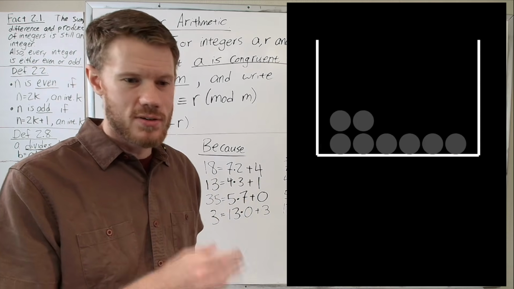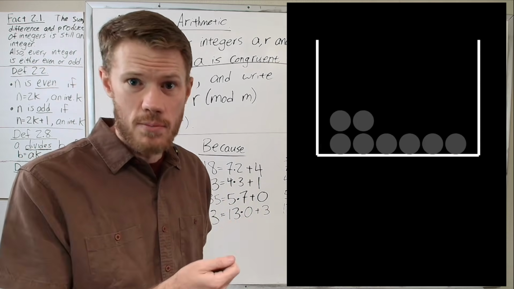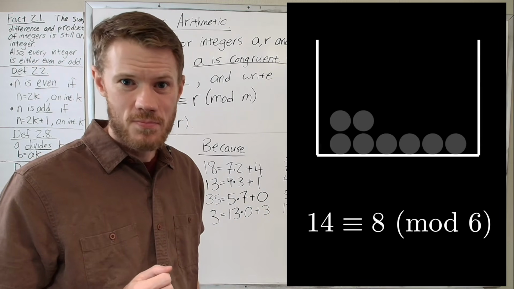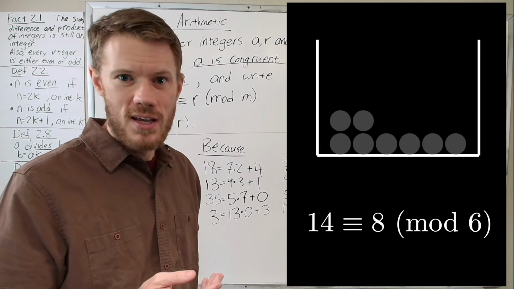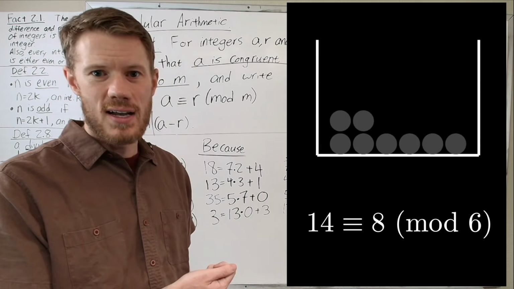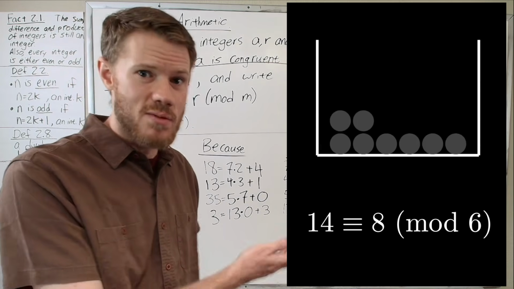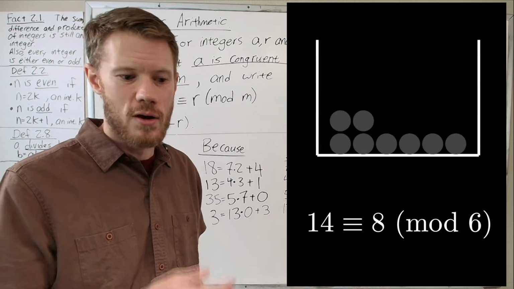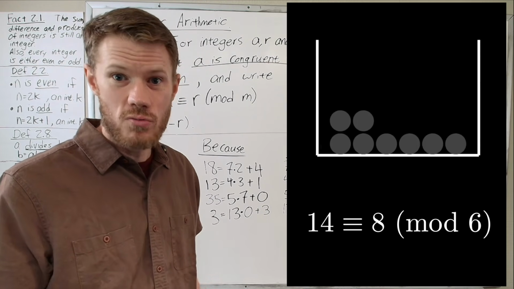So because 14 went down to 8, using this moving 6 at a time, 14 and 8 are also congruent modulo 6. Alternatively, you could think about, well, they have the same remainder. So if you started with 8 and you removed 6, you get down to 2. That's the same remainder as when you started with 14. So that's another way to think about 14 and 8 being congruent.